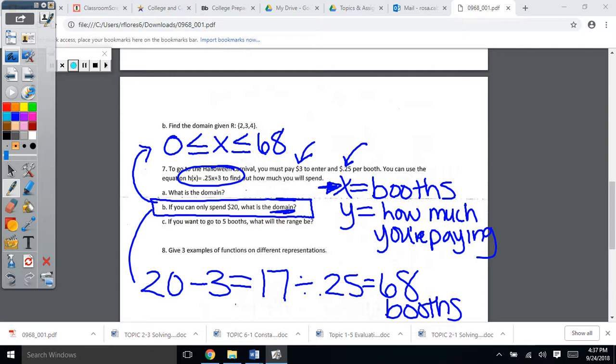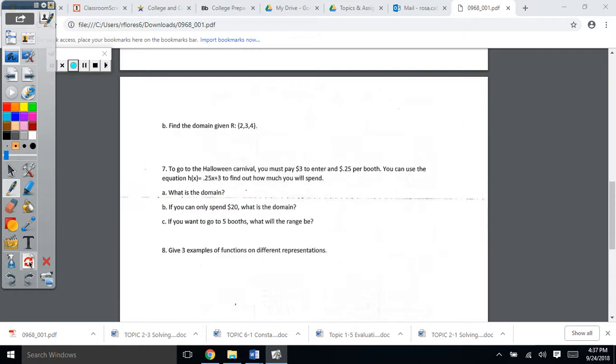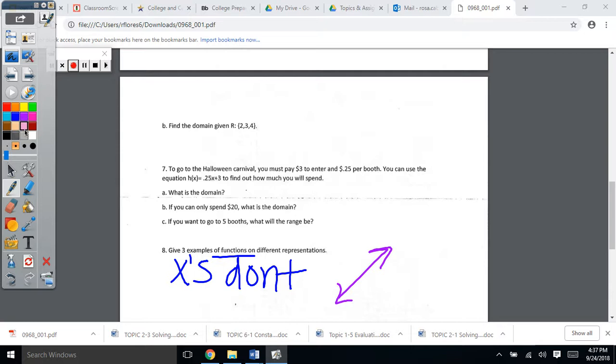Okay, and then finally, just a quick review. Functions, the x's don't repeat, and you can do a mapping, you can do a graph, whatever you want to do. And if you want to see it on a graph, right, this is a function because I can do a vertical line test and only touch it one time, right?